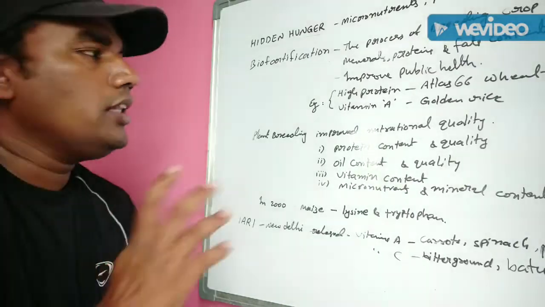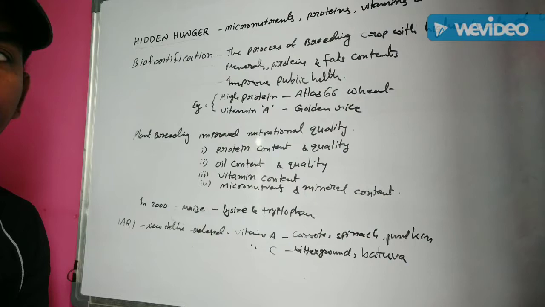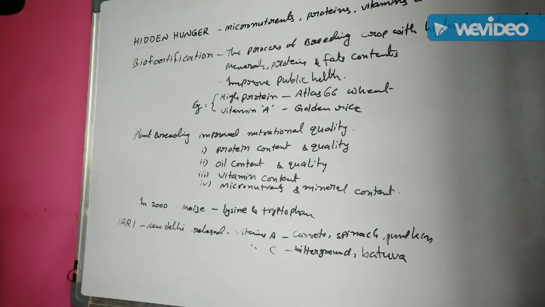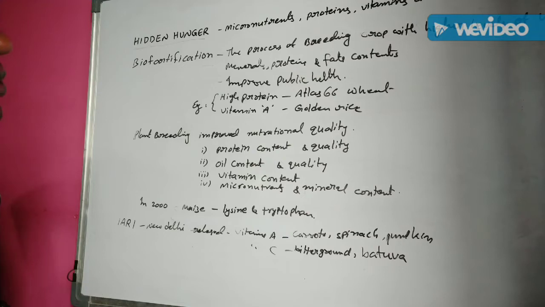So by hidden hunger, they are suffering from a lack of nutrients like vitamin A, iron, iodine, zinc, etc. This phenomenon is known as hidden hunger.